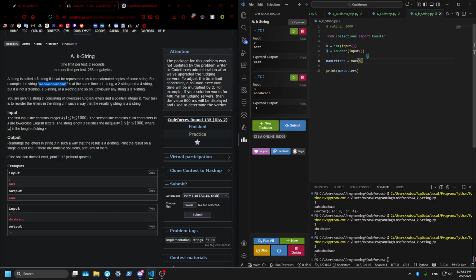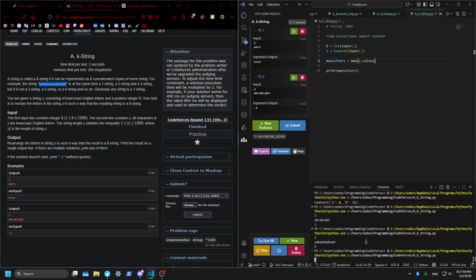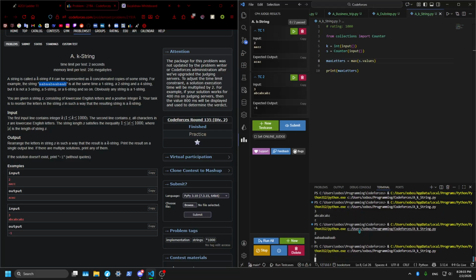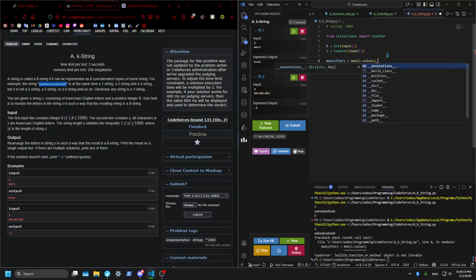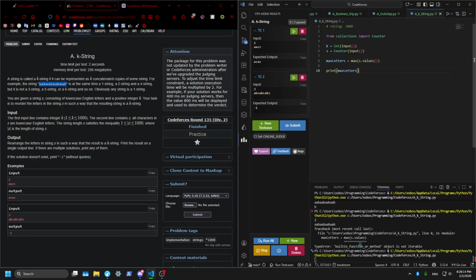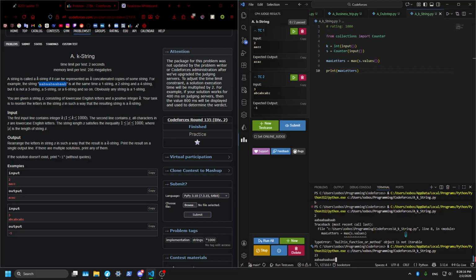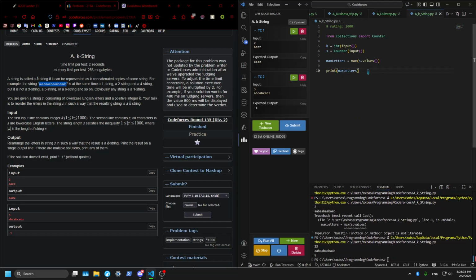So we do s dot values. I need to add the parentheses. Okay, yes.